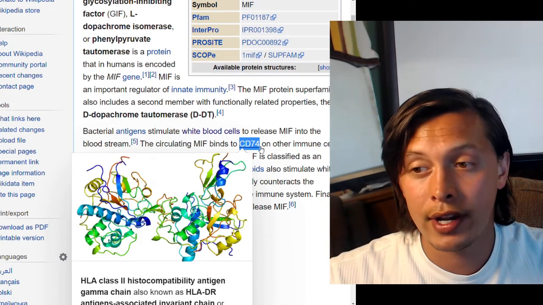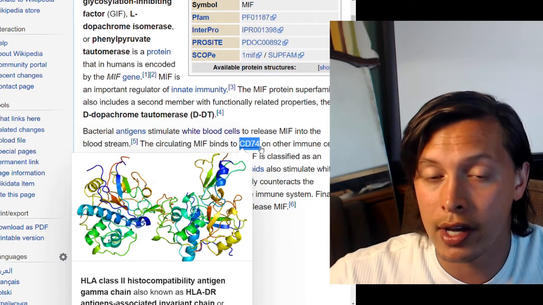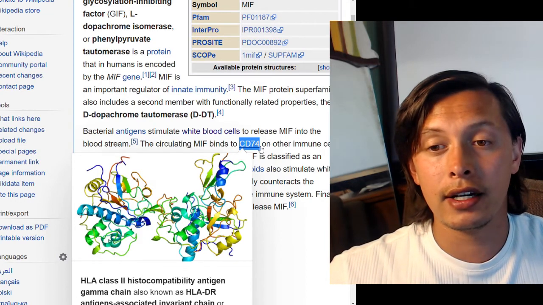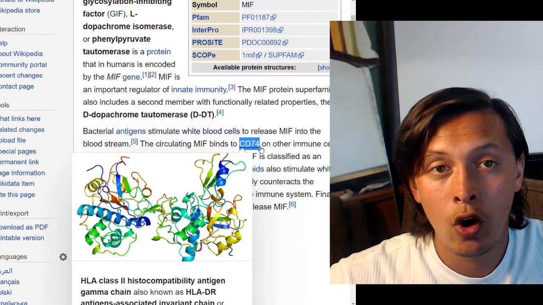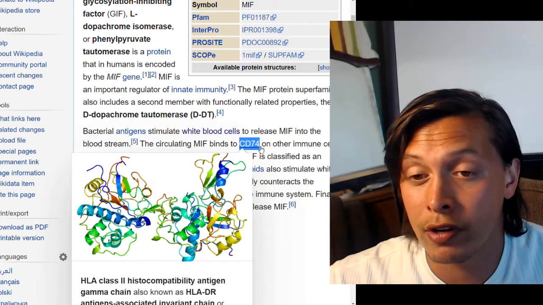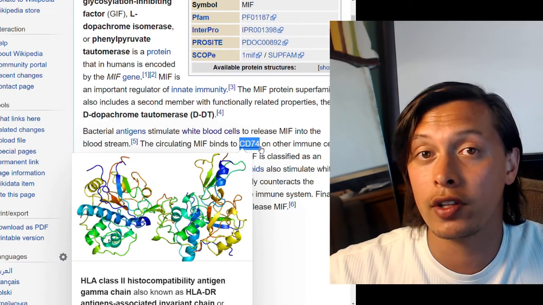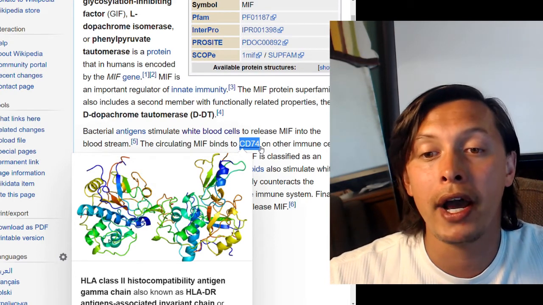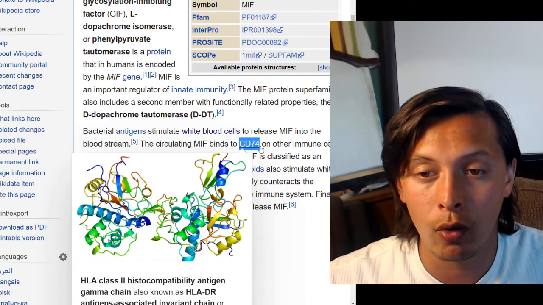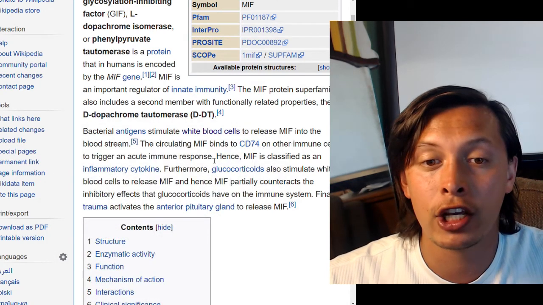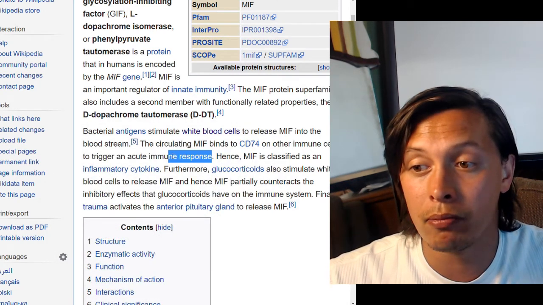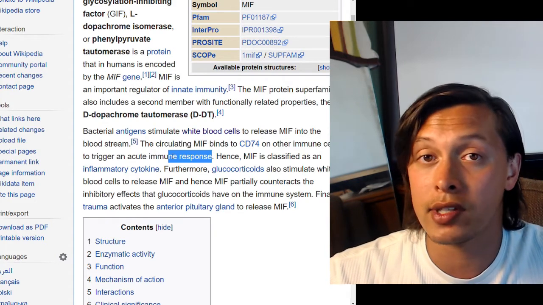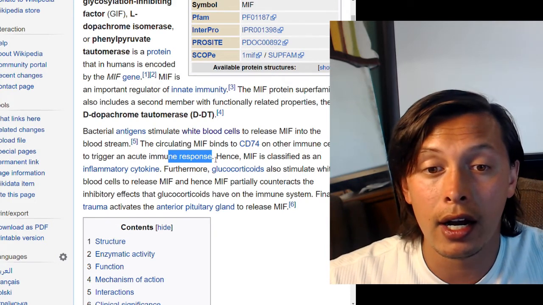So this receptor is on a subset of the immune cells. And then when this MIF, or the macrophage migration inhibitory factor, is released and circulating in the blood, it will bind to this CD74 and trigger an acute immune response. So it'll make them go crazy and think that there's something nearby.